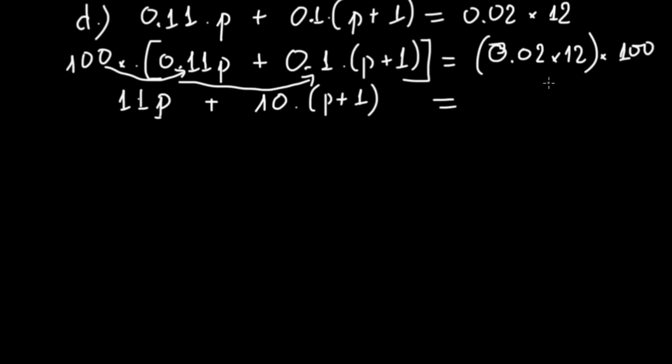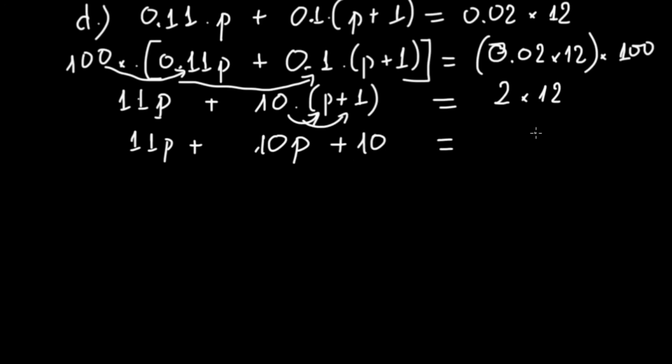Right here we have 0.02 times 12 times 100. You multiply 100 times 0.02, you got 2 times 12. Now we have 11p plus 10 times p plus 10 times 1, you get 10, equal 2 times 12, you get 24.